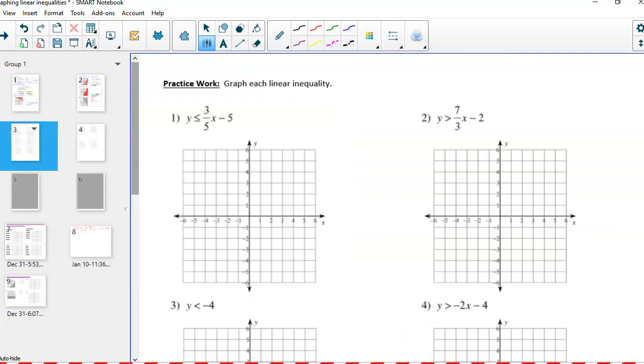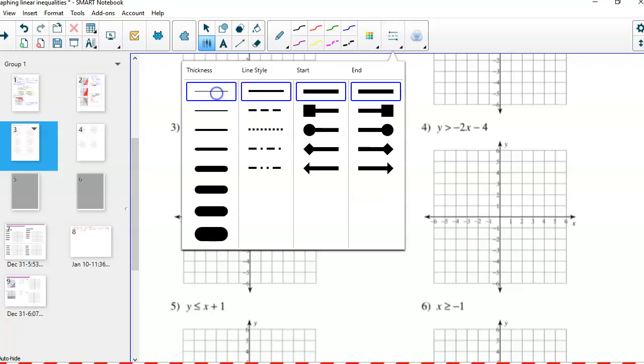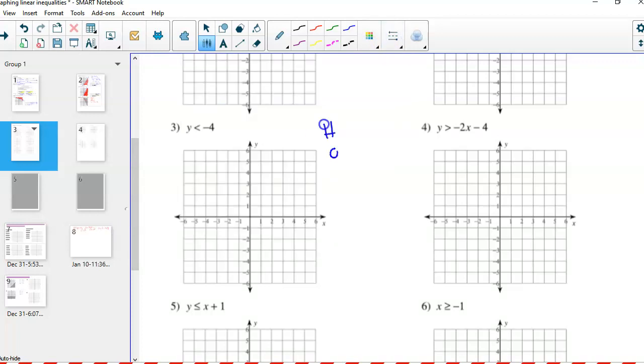And then for 3 and 6, you needed to be thinking toy bucks. So what type of line will number 3 be? Horizontal. Will this be dash or solid? Dash. Dash at -4.